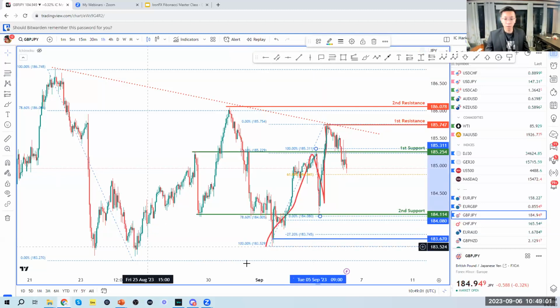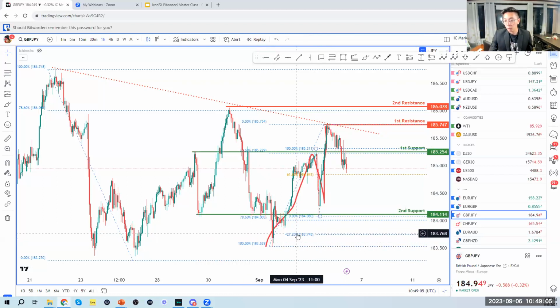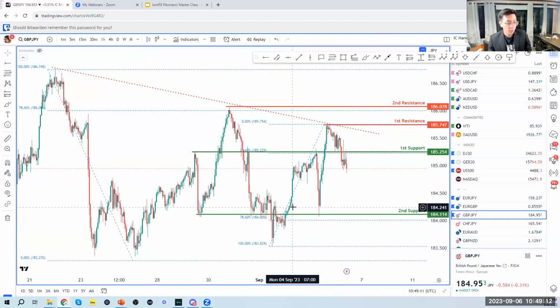But try not to squeeze your key levels onto your fib levels, because if you try to squeeze, it will not be as effective. Your graphical key levels should always come first, followed by your fib retracement levels. This is just something you guys can take note of.